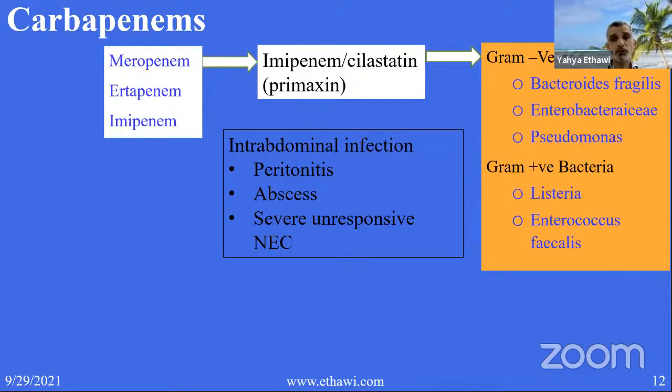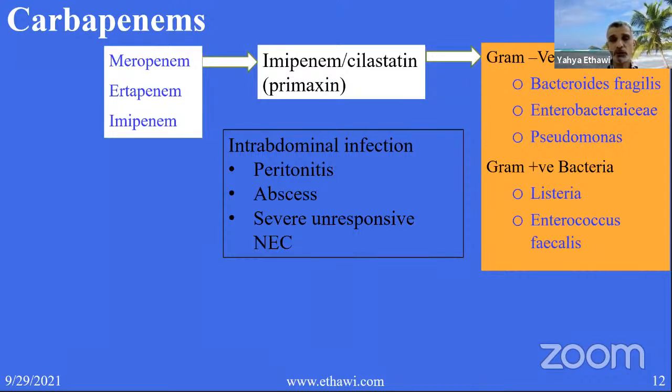The problem is overusing them and easily switching to them. And therefore, we are facing resistance. If you have resistance to meropenem, you develop what we call a superbug, and with a superbug, you have no defense. They will kill the patient.